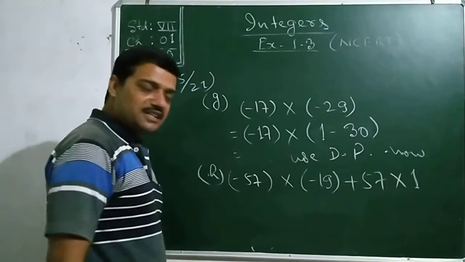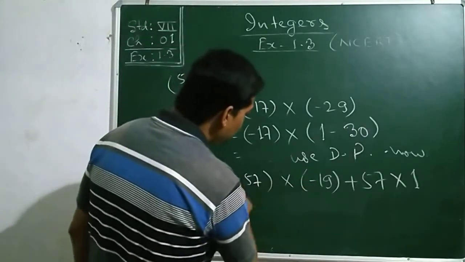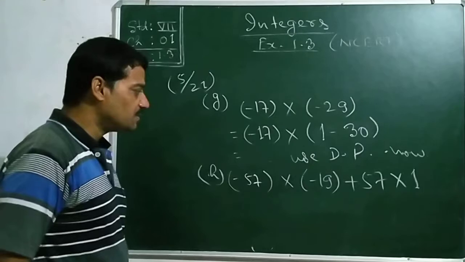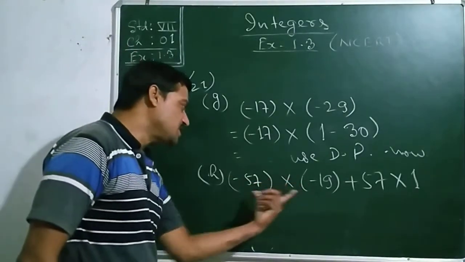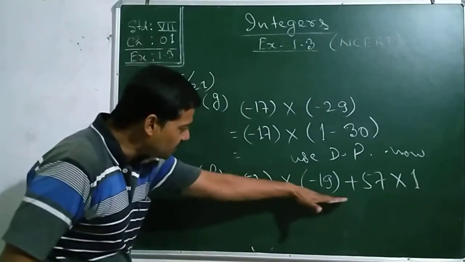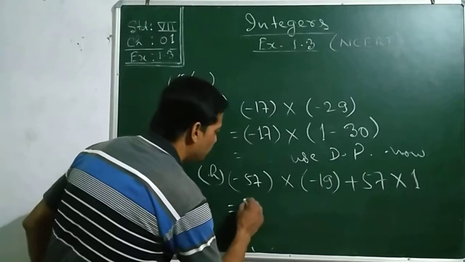Of course, it's right, because the product of two negative numbers is always a positive number. So we can consider that both these numbers turn positive, so this part turns positive. Now we can take 57 as common.